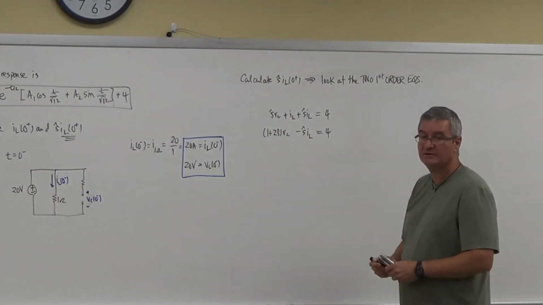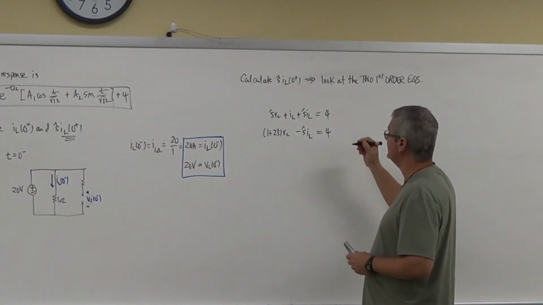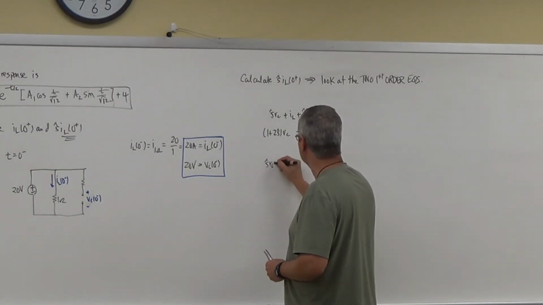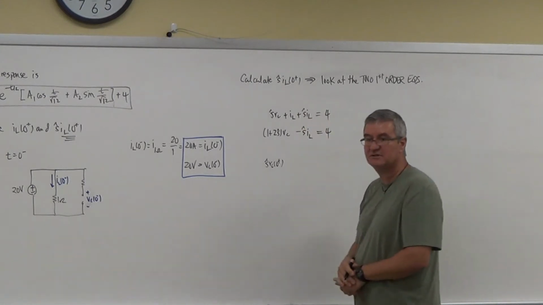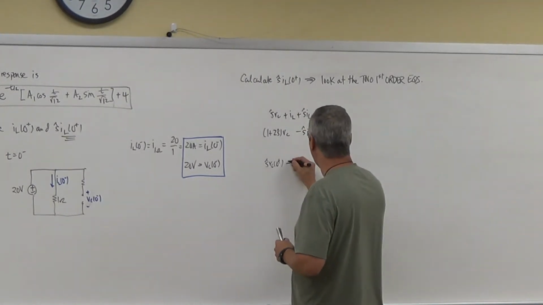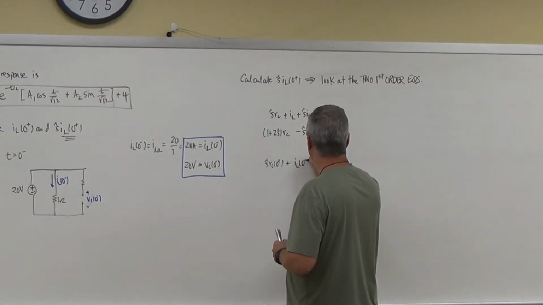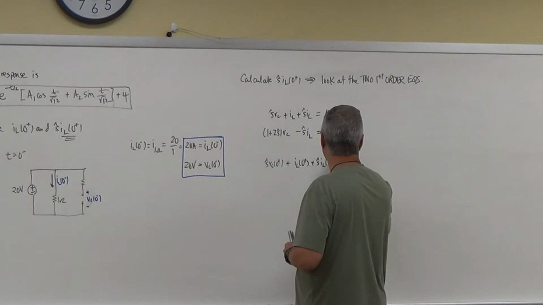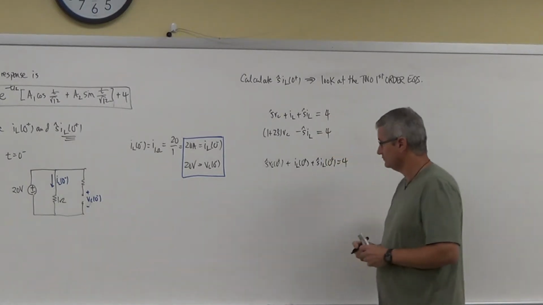What I have here is that I have this. Technically, what I have is s hat VC at 0 plus. That's a number. And then I have IL at 0 plus s hat IL at 0 plus equals to 4.